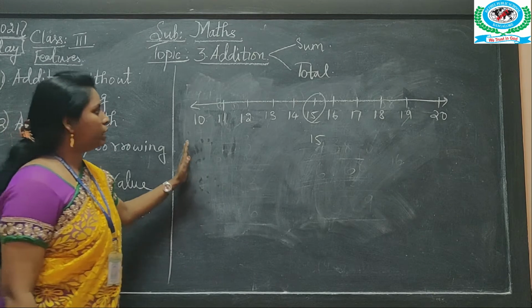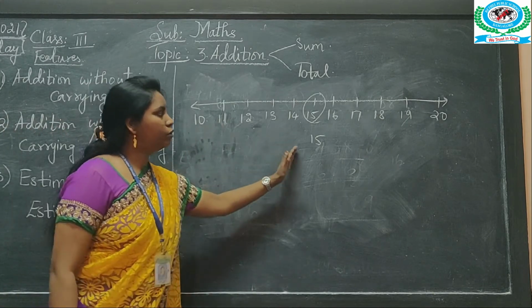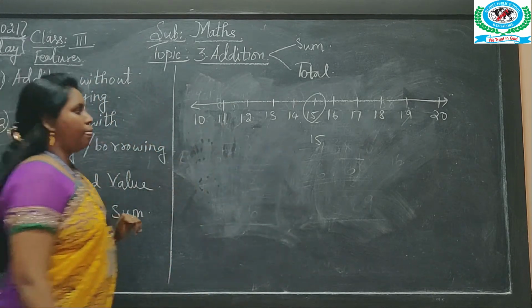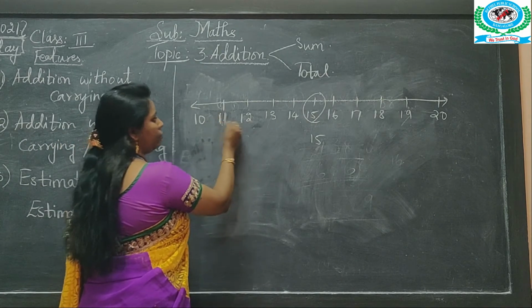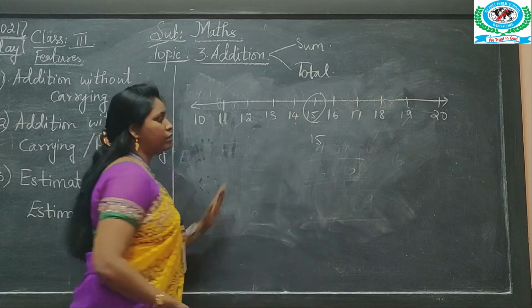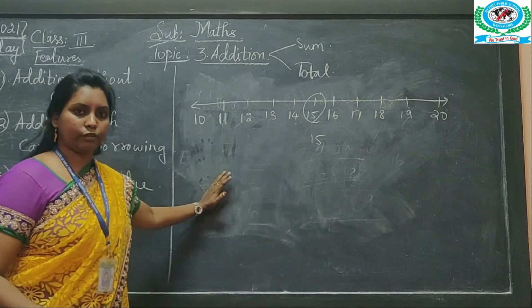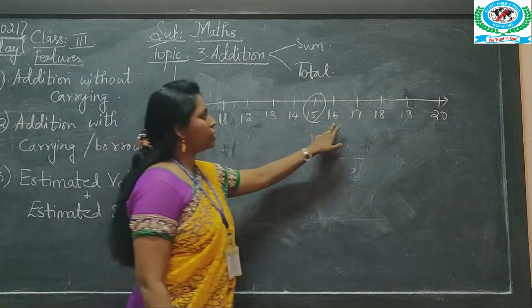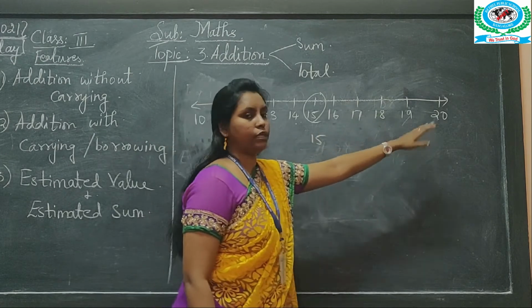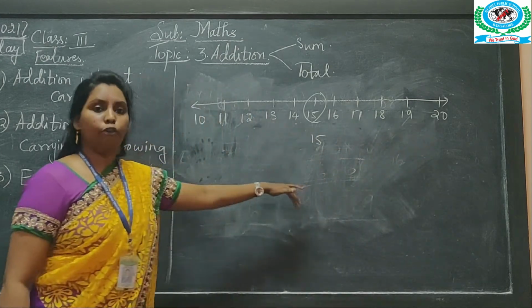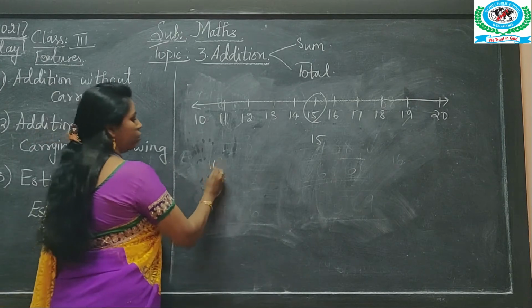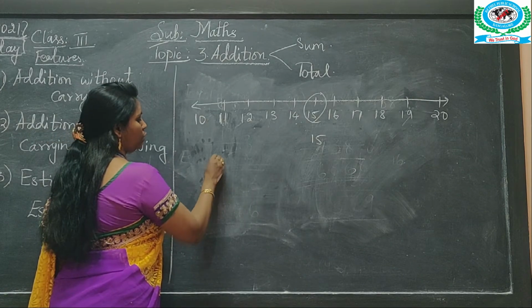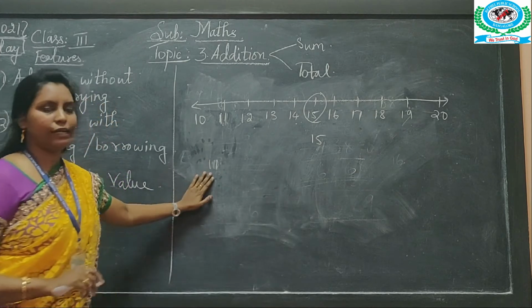Okay. So the numbers which come from 10, 11, 12, 13, 14, they lie under 15, isn't it? And the numbers which come from 16, 17, 18, 19, 20, they lie above 15. Okay, so here what you have to do is, what is the estimated sum of 10 here?